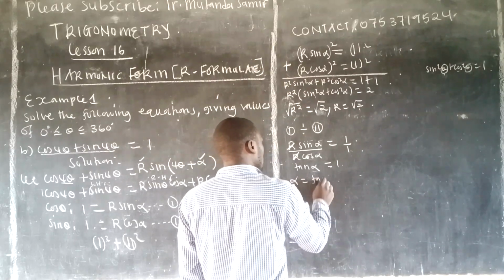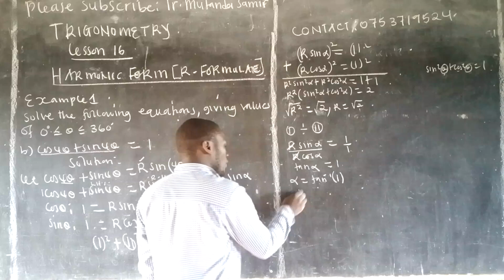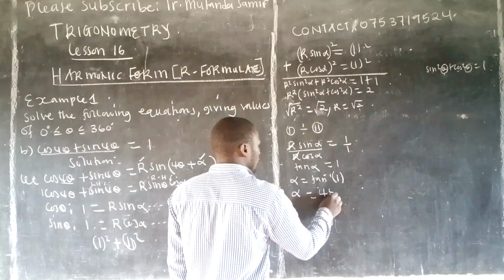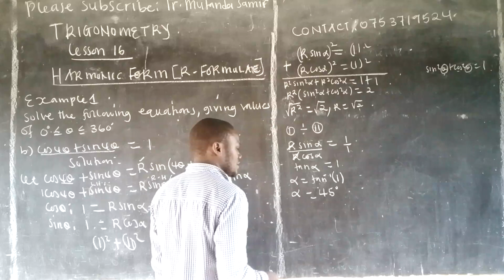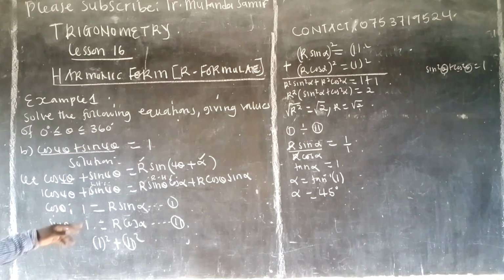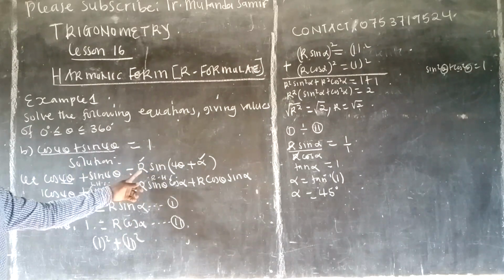So that gives us alpha. Alpha is equal to tan inverse of just 1. Now your alpha will be what? Tan inverse of 1 on your calculator will give you 45 degrees. Now, bring back this guy. Come and say, okay, if my question was this is equal to 1, so therefore I'll no longer bring back this, I'll bring back this.